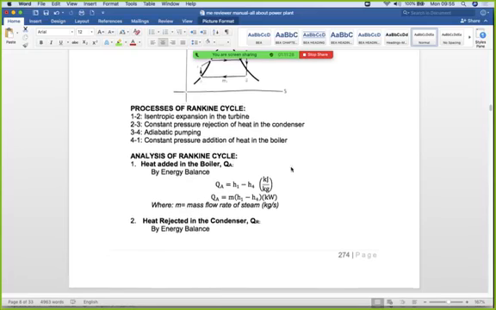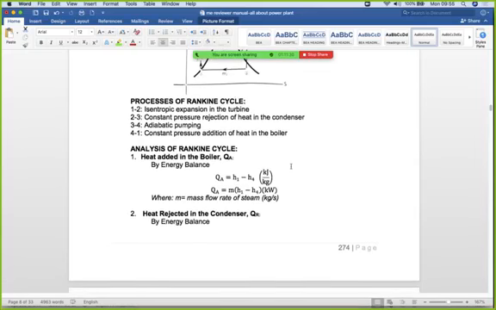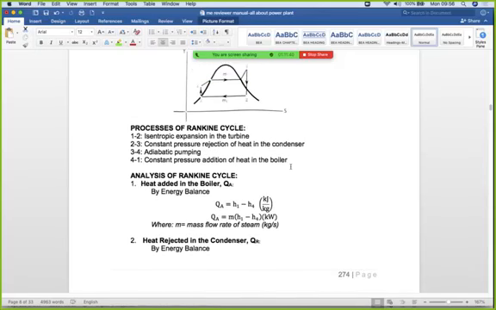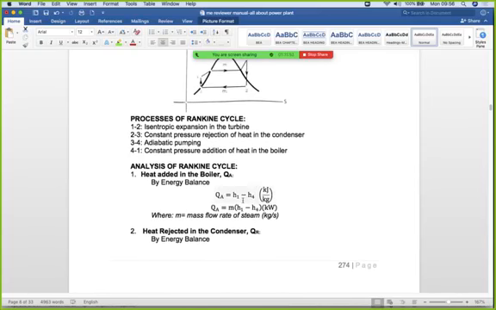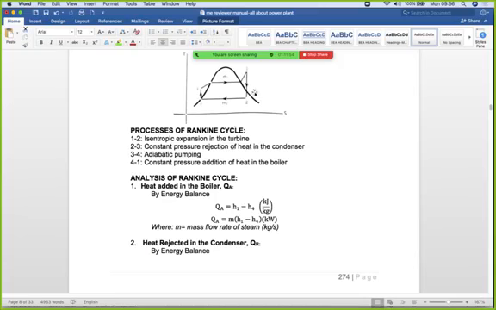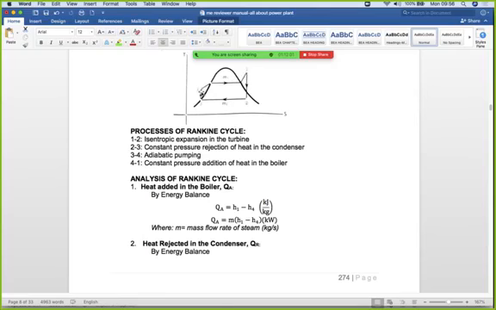So in the analysis of the Rankine cycle based on these processes, we have the heat added in the boiler. It happens in point 4 to 1. So this area here is the heat added. The heat added in the boiler is H1 minus H4.